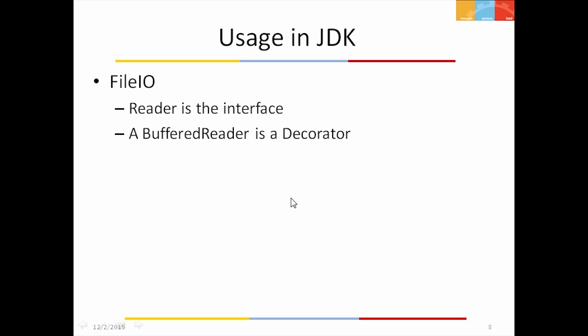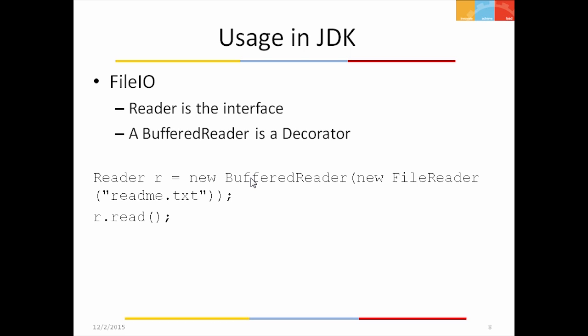Let us look at its usage in JDK. In JDK, if you observe it carefully, you will find that the decorator pattern is heavily used, at least in the file IO package, very heavily used. An example is reader. A reader is actually an interface, and a buffered reader is a decorator.